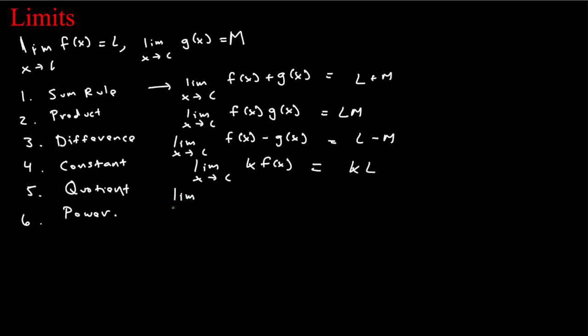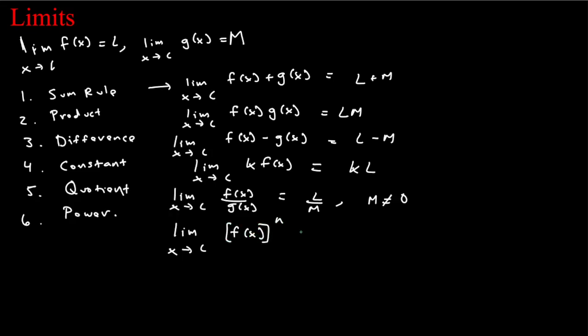The limit as x tends to c of f of x over g of x is simply L over M, with the caveat that M is not equal to 0. And then the limit as x tends to c of f of x to some power, like n, is simply L to the power of n.